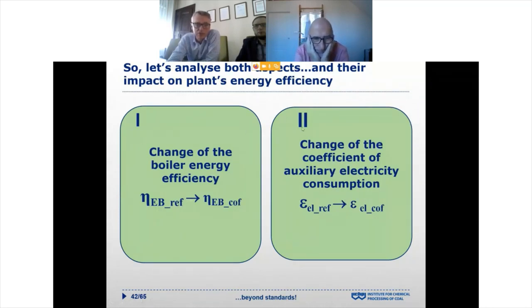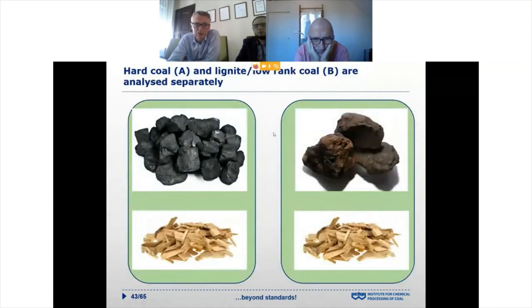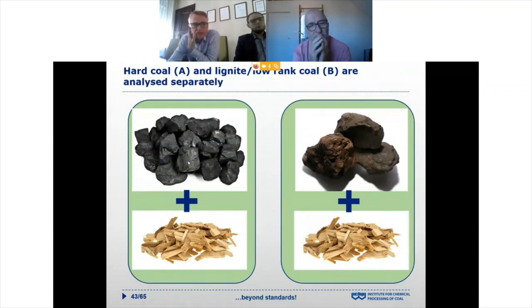So these two scenarios, number one and number two, should be applied to two different situations. The first situation is when we co-fire the biomass with hard coal, and the second is when we co-fire with lignite. Because in Poland and in European plants, we can have two situations.